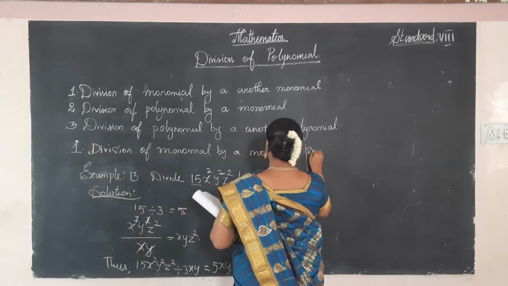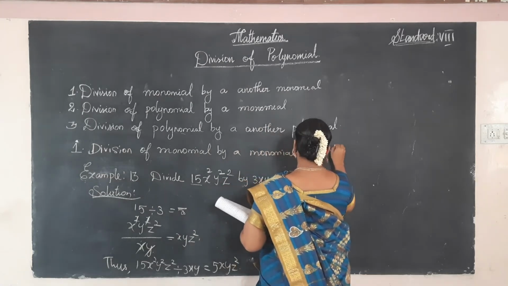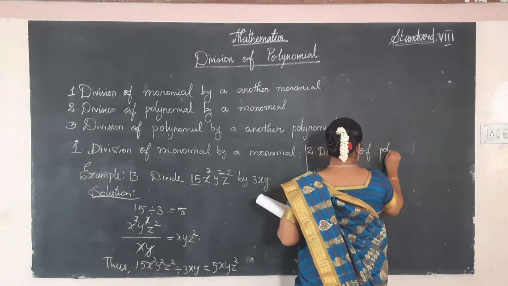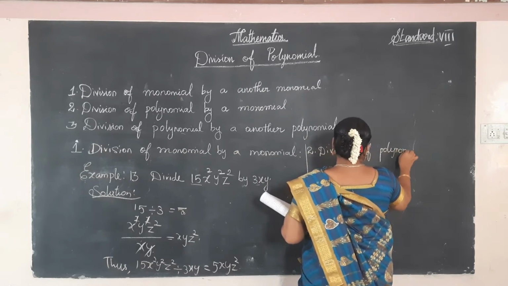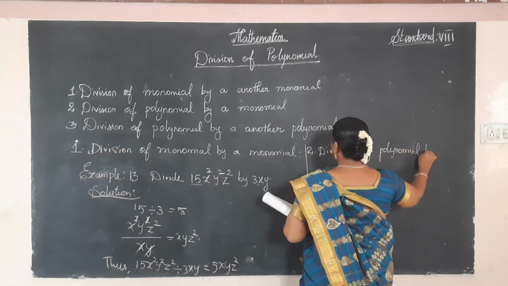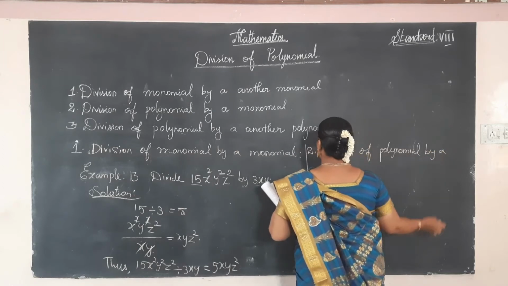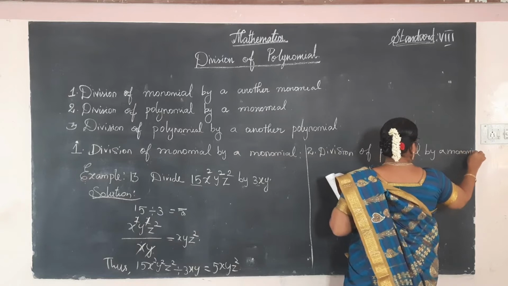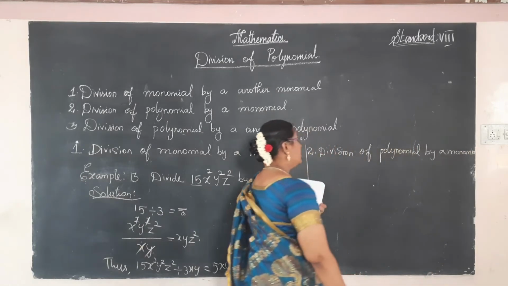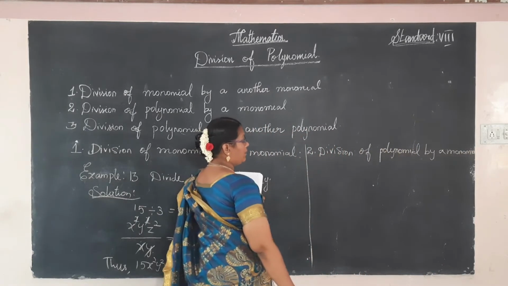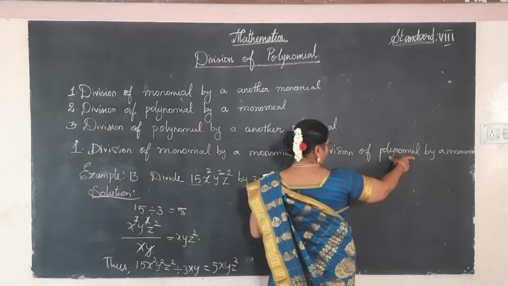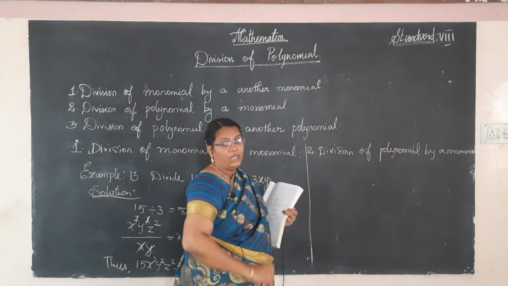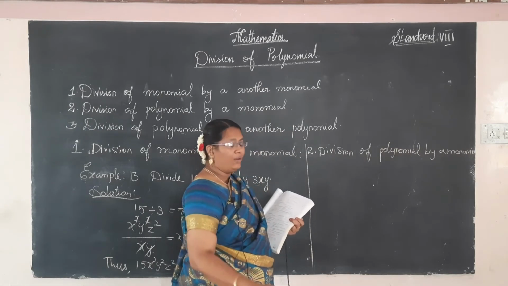Okay. Second one, division of a polynomial by a monomial. Division of a polynomial by a monomial means one expression is a polynomial, and the other, which divides it, is a monomial with only one term.